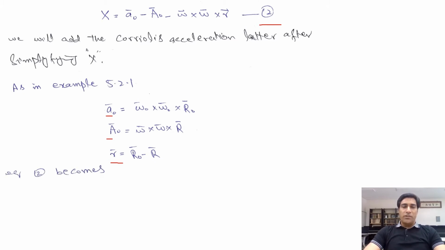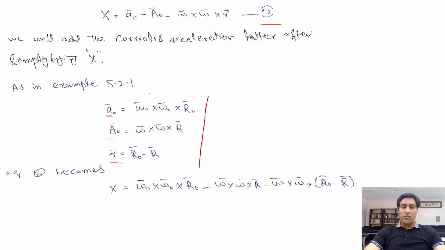If we put these values in equation 2, we get x equals omega naught cross r naught minus omega cross r minus omega cross (r naught minus r). So we simply substituted these values in equation 2.